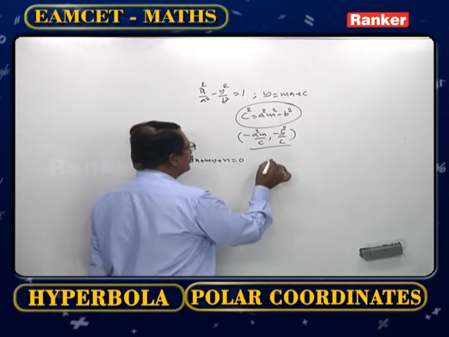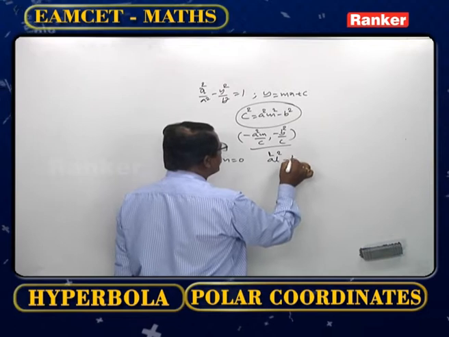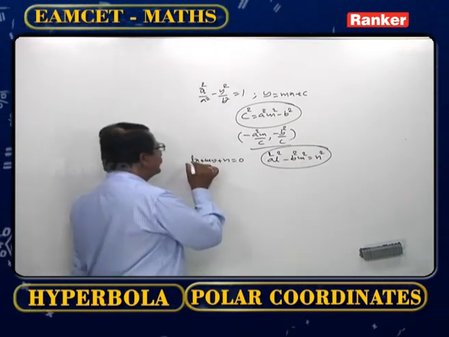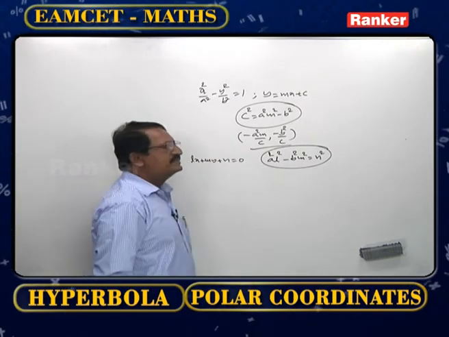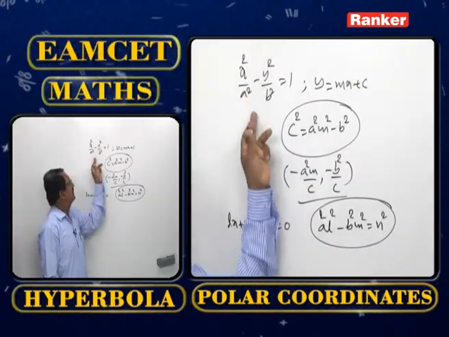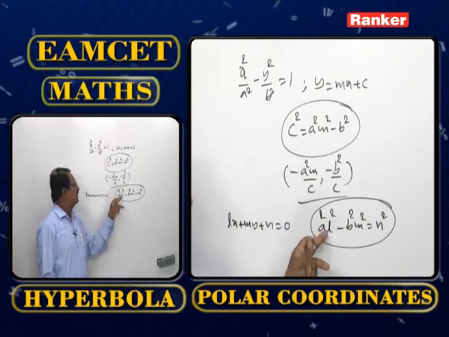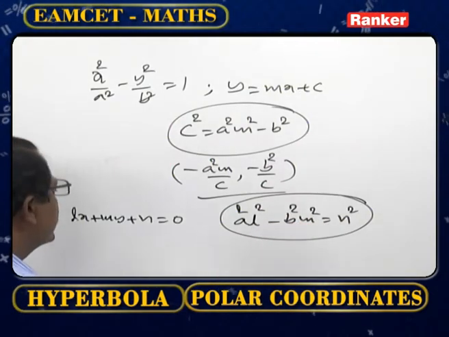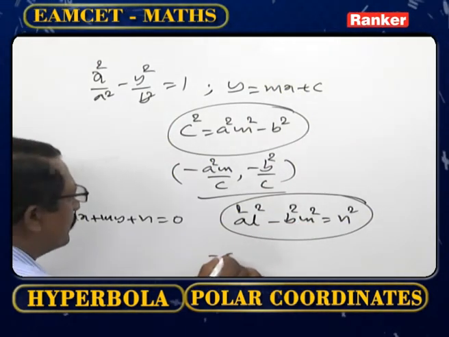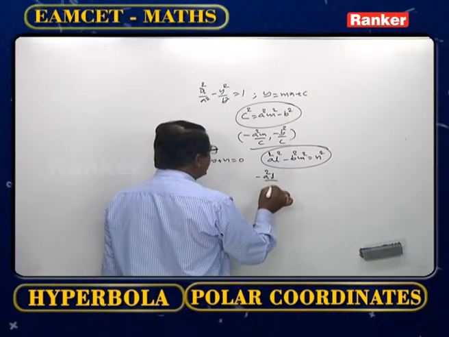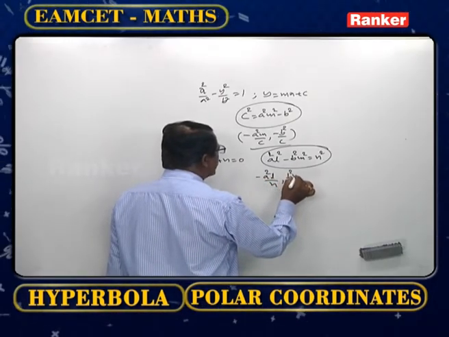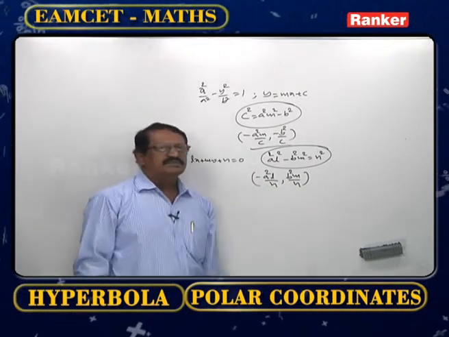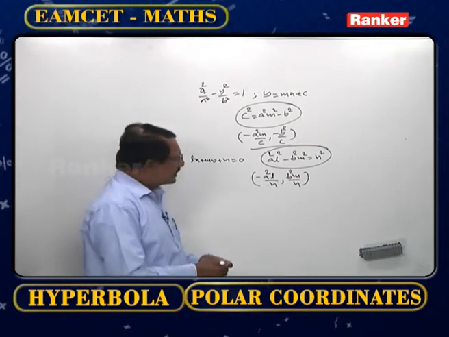Then the condition is a square l square minus b square m square equals n square, and the point of contact is minus a square l by n comma b square m by n.